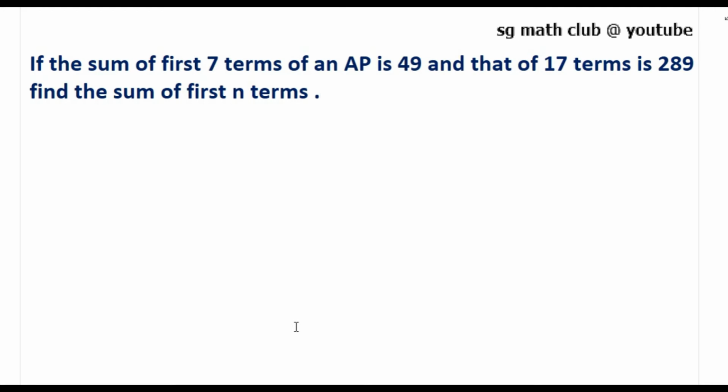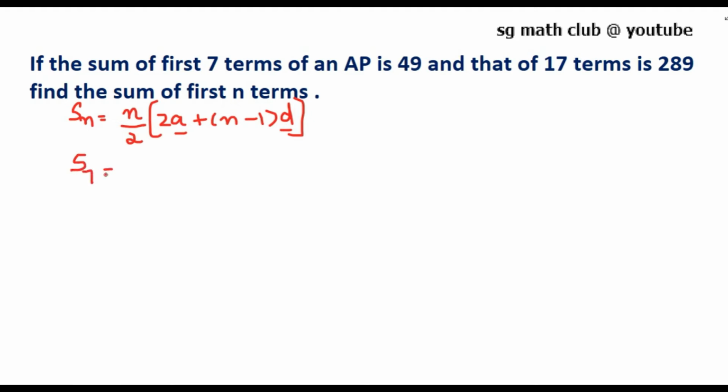We know the formula is Sn is equal to n by 2 into 2a plus n minus 1 into d. We need to find out the values of a and d. With this data, they have given S7 as 49 and S17 as 289.